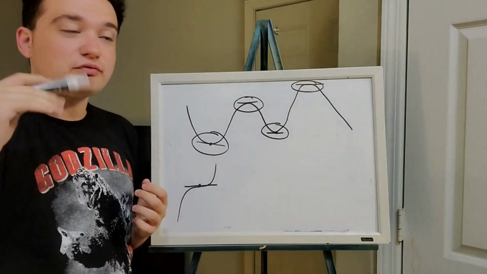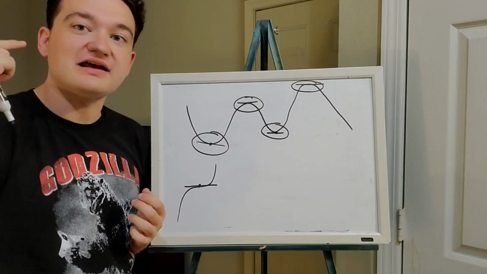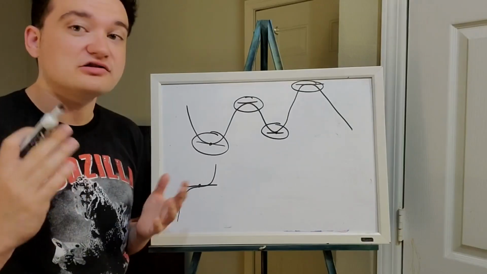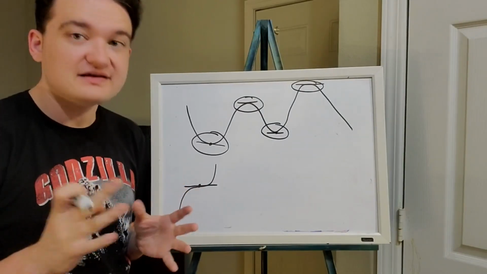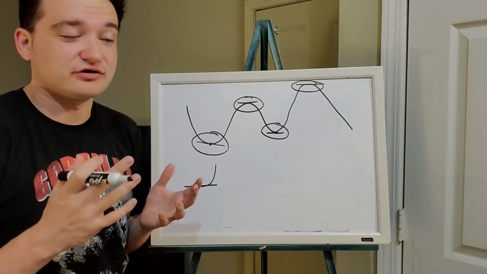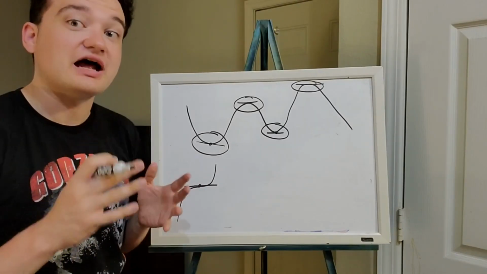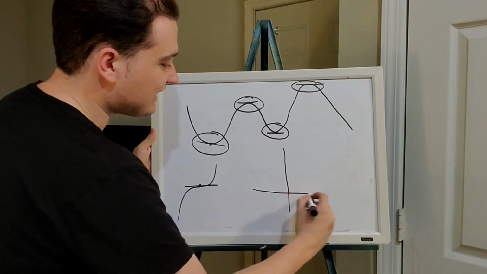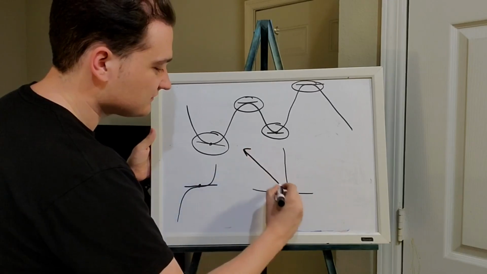Now, when we think critical points, we also think places where the derivative doesn't exist. Why is that? Well, there's some maxes and mins that occur where derivatives do not exist. Think about, if you will, the absolute value function.